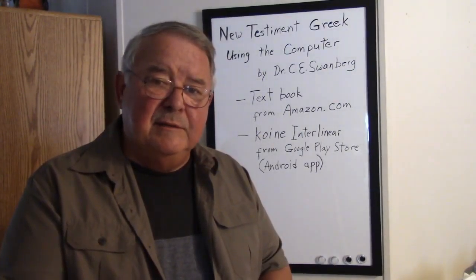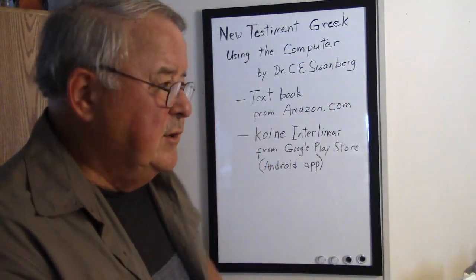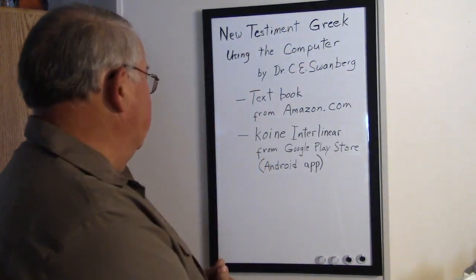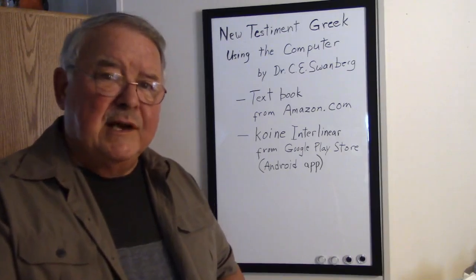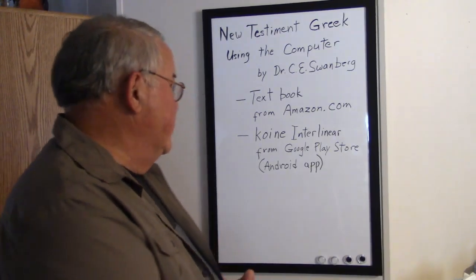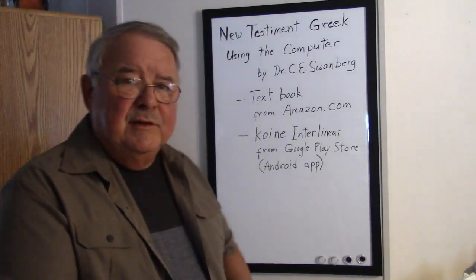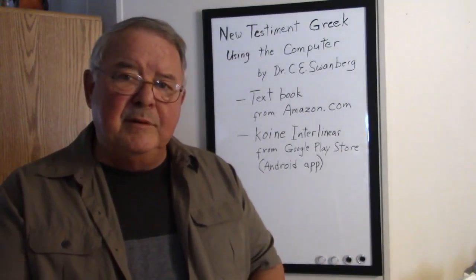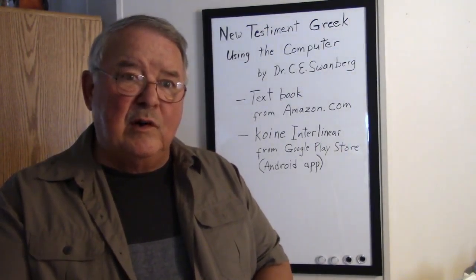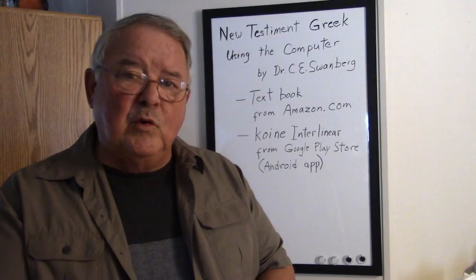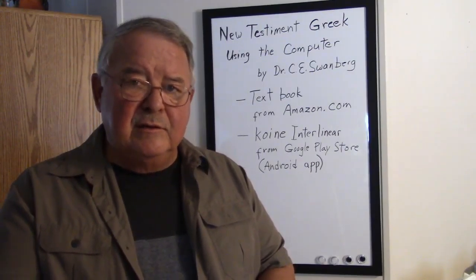Okay, let's get started. First thing you're going to need to order is the book. The textbook I authored is Greek Using the Computer. You can find that on Amazon.com. The next thing you'll need is the app which we use for our lexicon, which is called Koine Interlinear Greek.